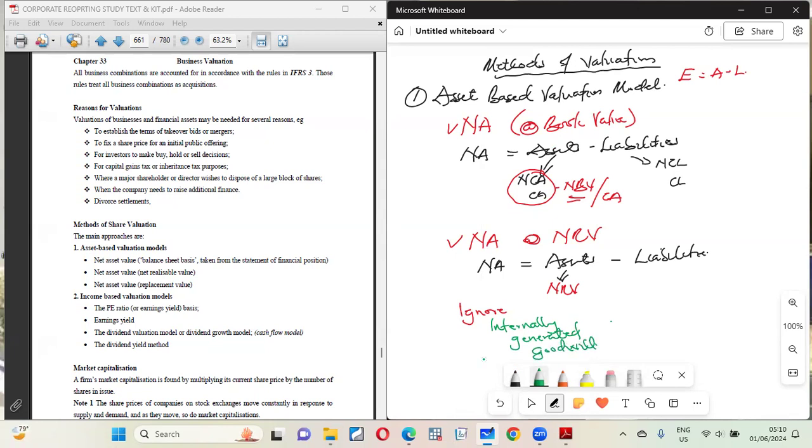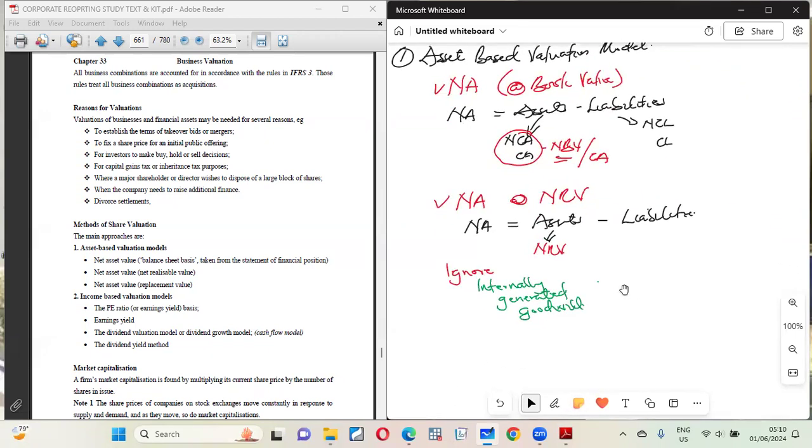All right. And again, in terms of the liabilities, I'll go deeper into the liabilities a little, whether book value, whether net realizable value, or the last one, which is also net asset.